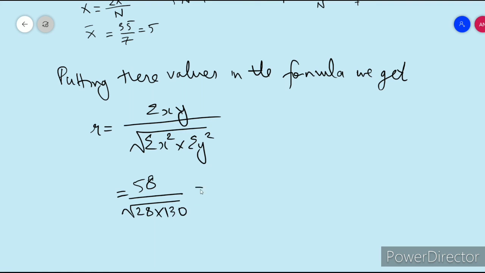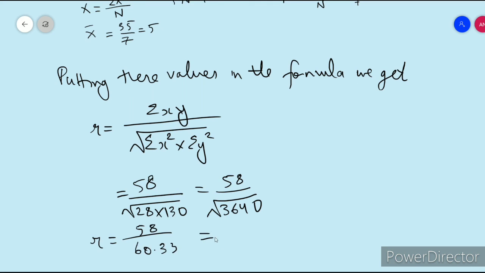If you multiply that, we get 3640. Find the square root of that, we get 60.33, and if we divide 58 by that, we get positive 0.96.